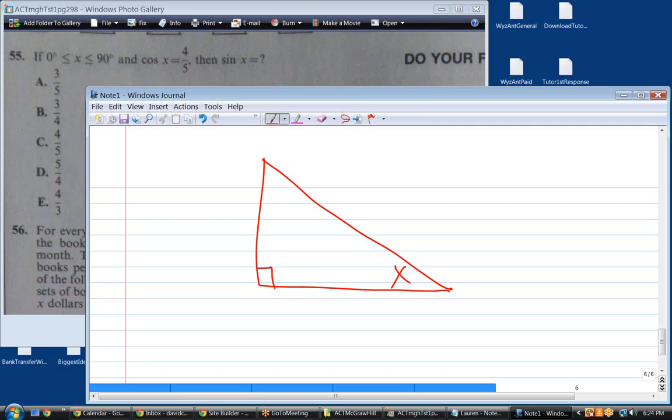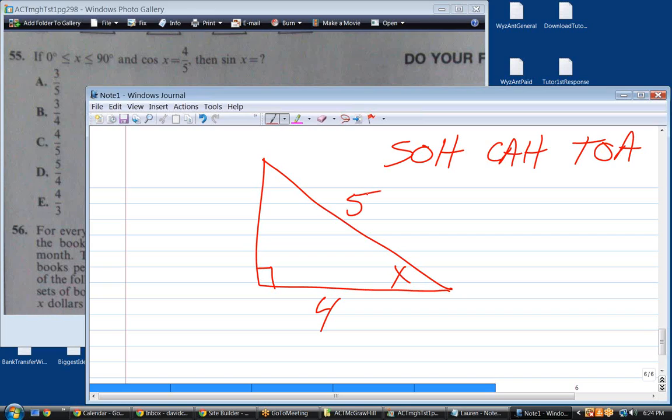Don't you use SOHCAHTOA? Cosine, yeah, but you have to know what cosine is. Adjacent over hypotenuse. So which is the adjacent side here? It's the bottom one. So that's 4. Where does the 5 go? On the hypotenuse.